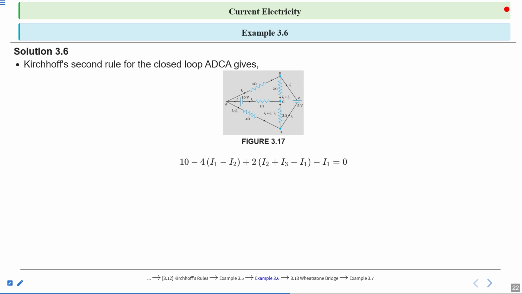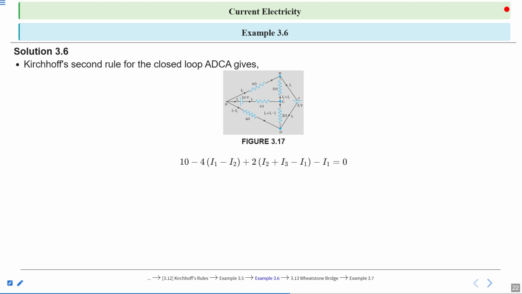We are going in the direction of current from point C to A and A to D. From C to A, we can see the battery, and we are going from the negative terminal to the positive terminal, moving in the direction of I1, from C to A, A to D and D to C.